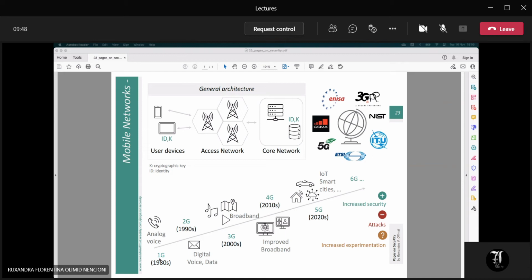Yes, I suppose you refer to this timeline, where we start from the first generation up to the fifth generation that we are kind of experiencing now. Not fully 5G yet, but anyway, and looking forward to 6G and others that I don't really understand exactly what they are, but there are working groups working on 6G already, even if 5G is not fully here. But yeah, it's like this.